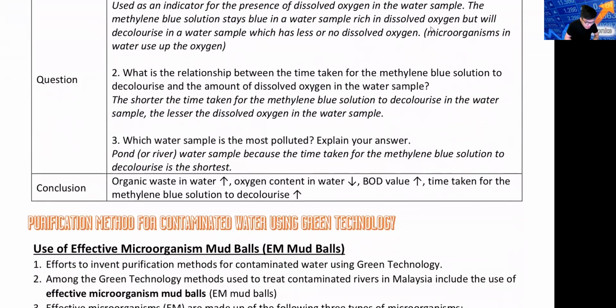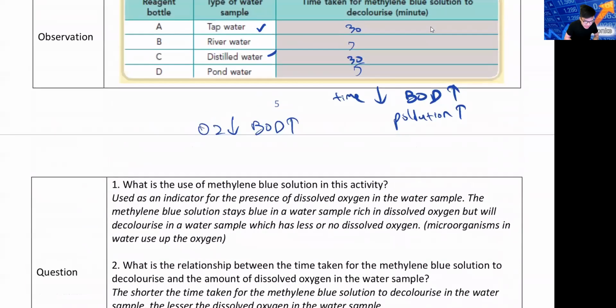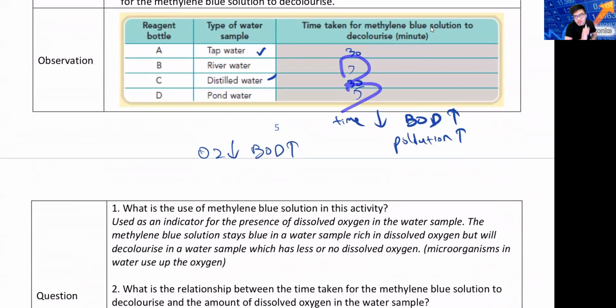Okay, so which water sample is the most polluted? It will usually be pond or river water because the time taken is the shortest. Like I said, 5 minutes, the thing is fully decolorized. It still depends where it is lah. If you say your river water is from Japan, of course, okay, good. Japan, you know how clean Japan water is. Hey, Japan, you see their longkang, inside got fish one, you know.